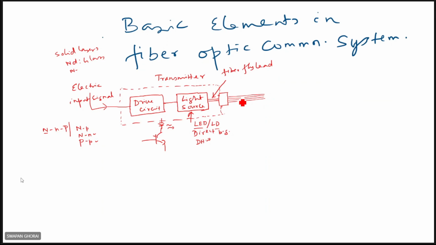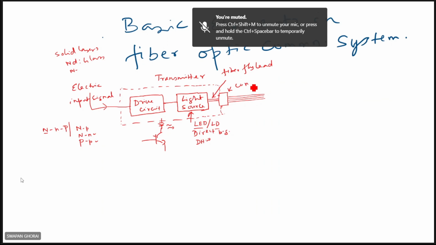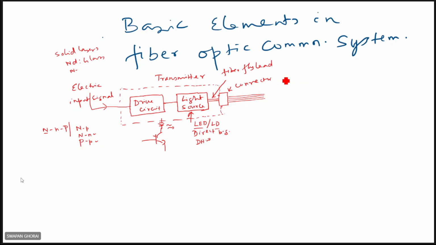Fibers will be there, and this is a connector, or sometimes it is also called a coupler. They can be of different types, and this type of connector or coupler would be required at the source end and also at the receiver end.